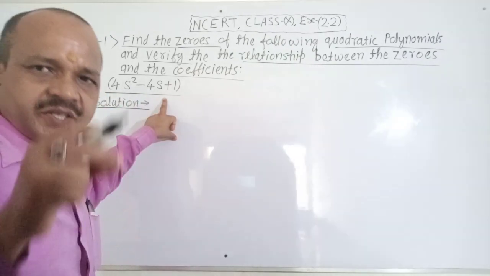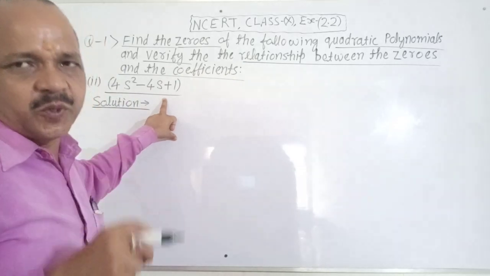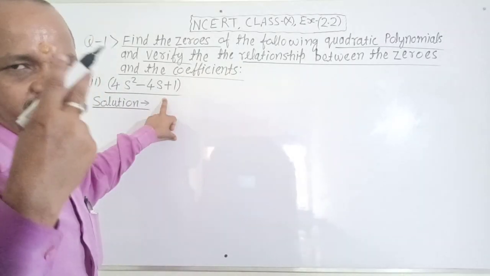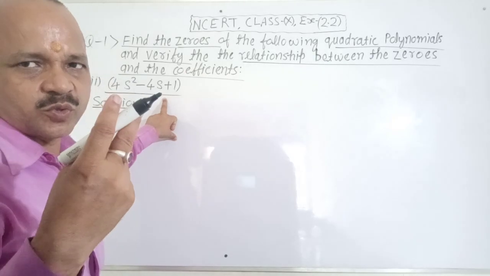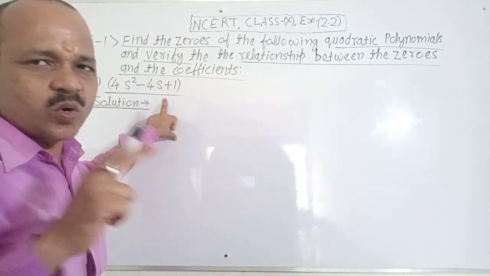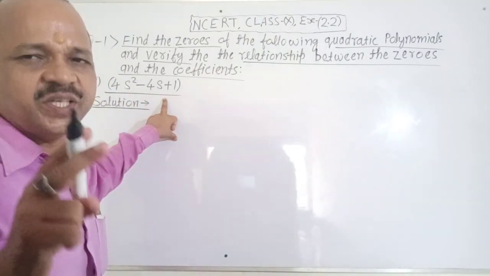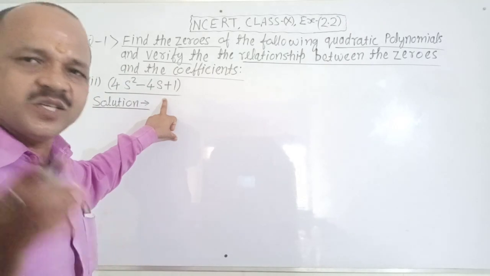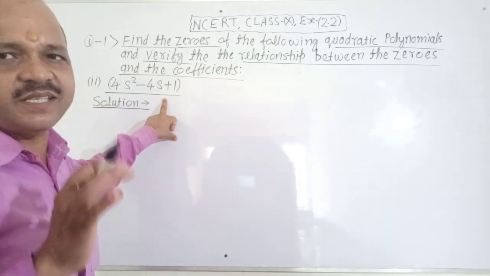Very good. The degree of a quadratic polynomial is 2. It means it has 2 zeros. It is clear, no confusion about it. Very good. It is very easy. You can solve it very easily.